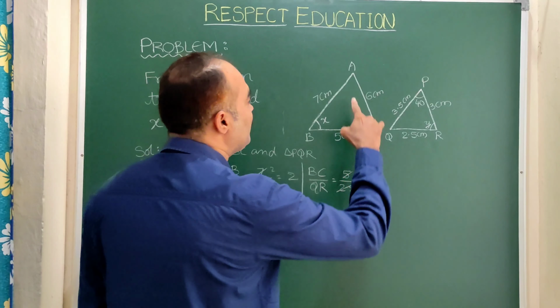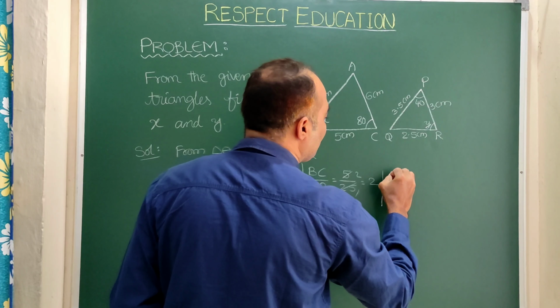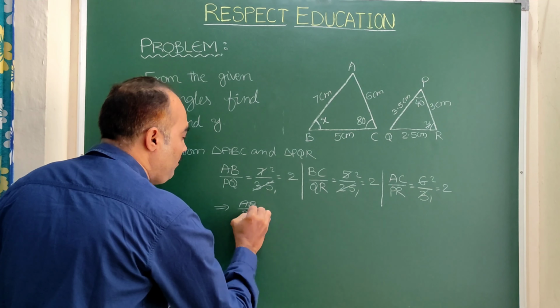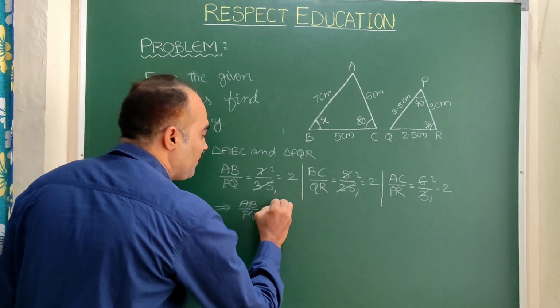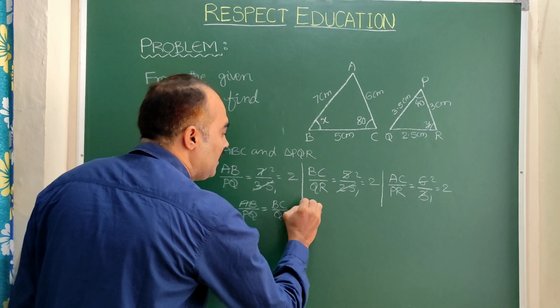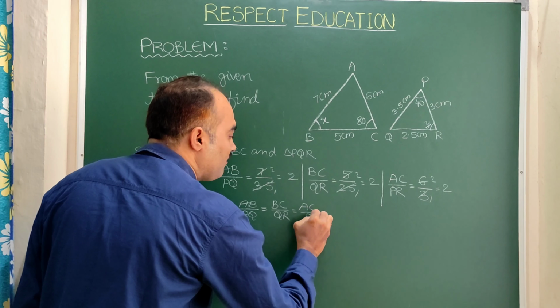Now let us find the third one, AC by PR. AC is 6 centimeter, so I am writing 6 by PR, which is 3. Three once, three twice, so this is also 2. That means we have AB by PQ is equal to BC by QR is equal to AC by PR.